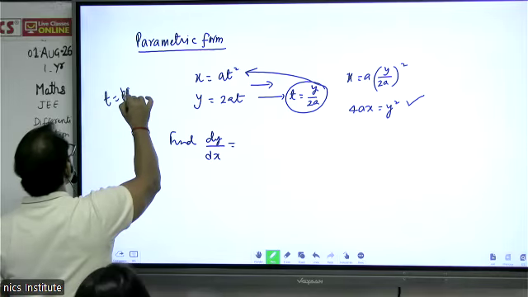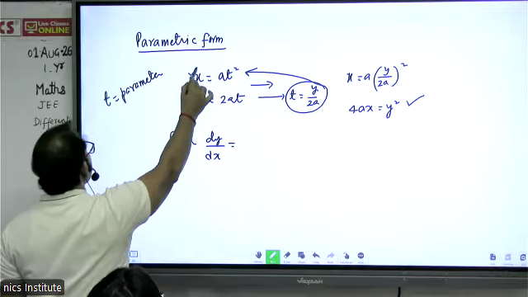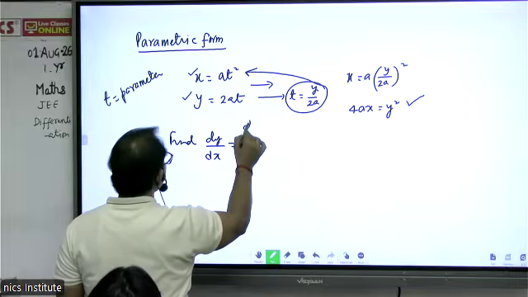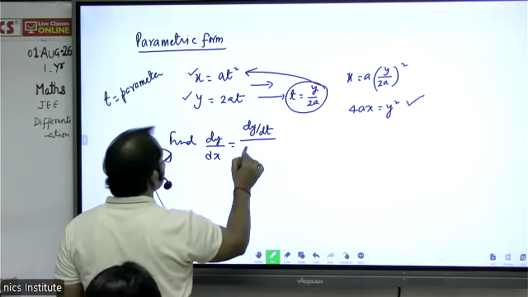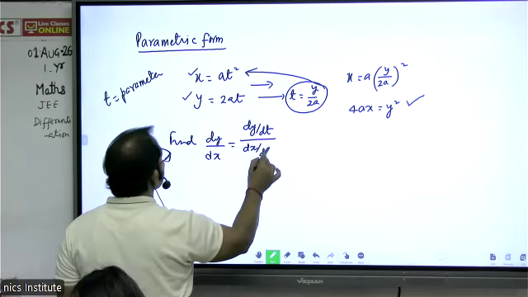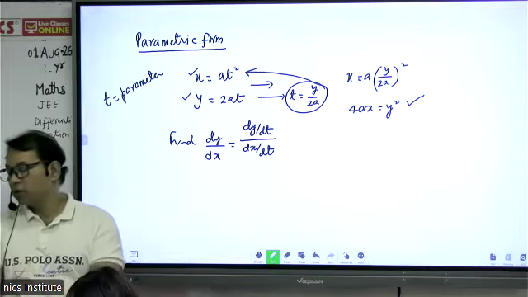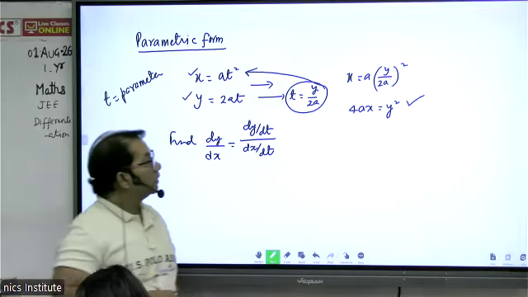The best part is only one parameter is good enough to find x and y both. So dy by dx would be dy by dt. You differentiate y with respect to t, divide by dx by dt. So whenever you want to find derivative of function in parametric form, this is what we're going to use.